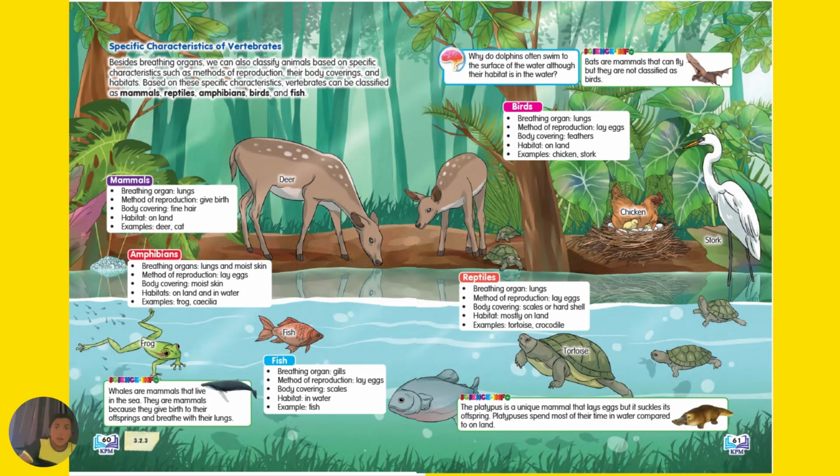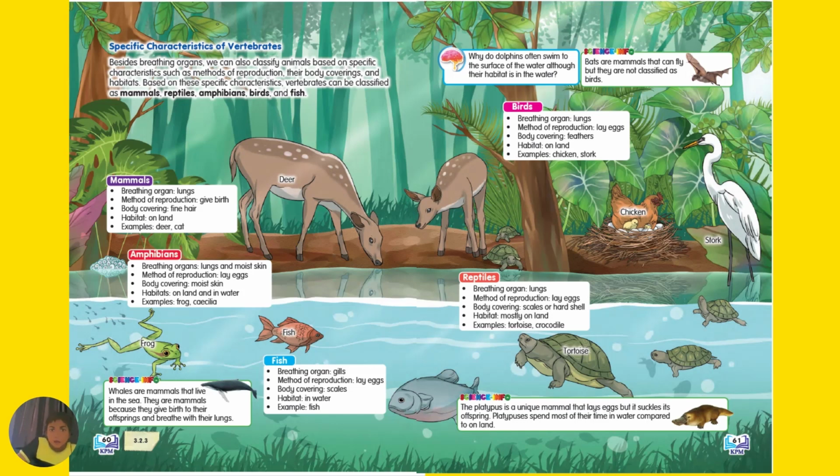Okay? Okay. And then, number 5, the last one is reptiles. Apa yang dipanggil oleh reptiles? Okay, for reptiles, breathing organ is lungs. The method of reproduction is lay eggs.